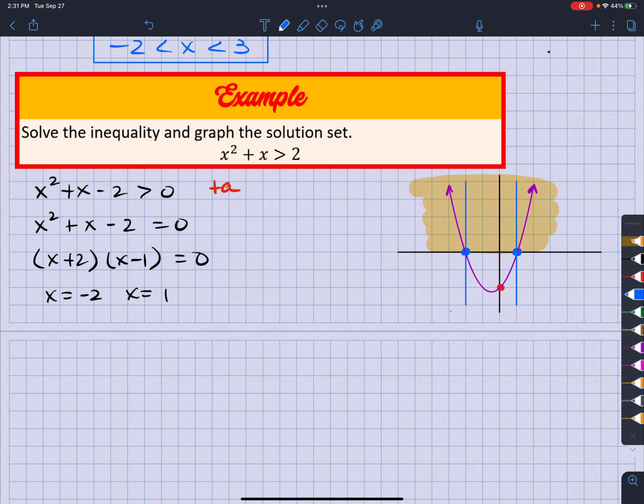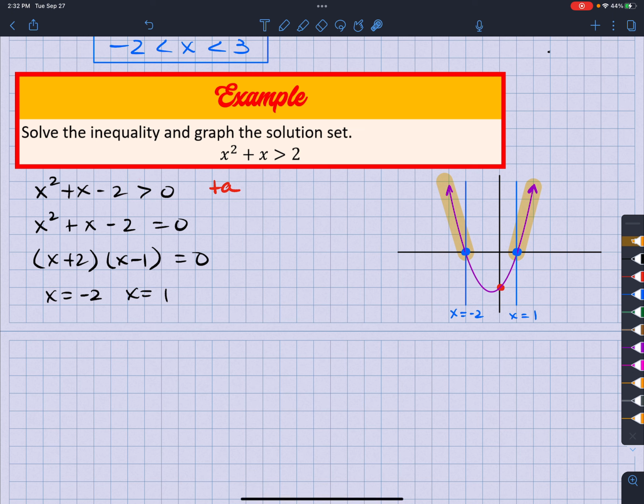So this is at x equals -2, and this is at x equals 1. I'm talking about those two above. So I can even just erase this and just say I'm just looking for this and this. Not below. I'm looking for those two above because this is asking for greater than 0.